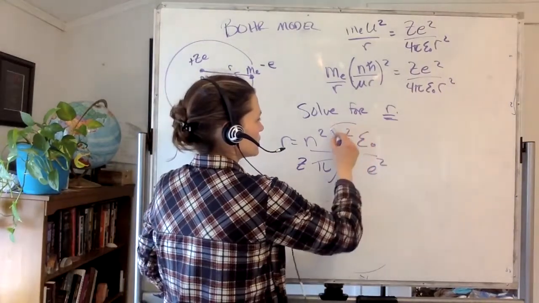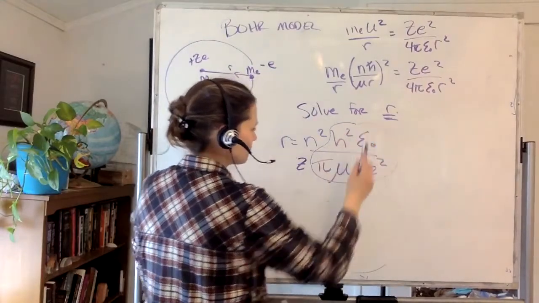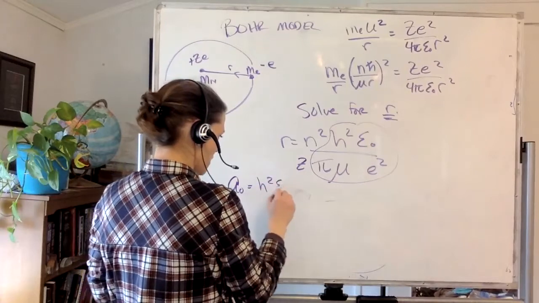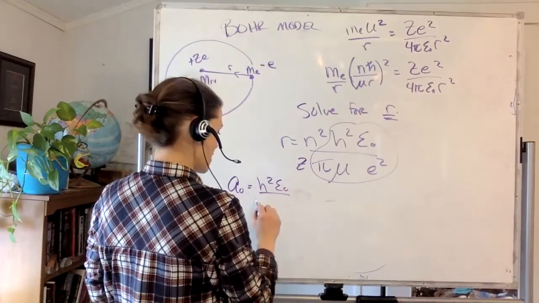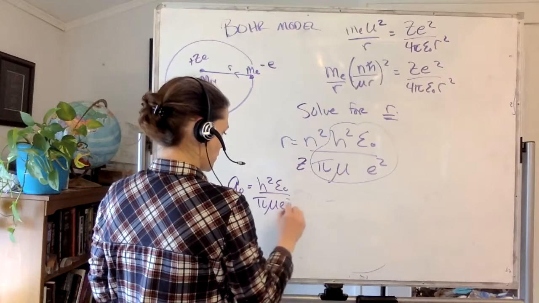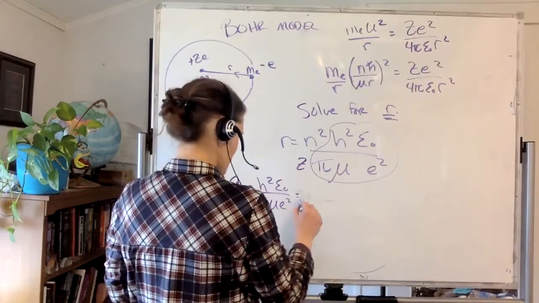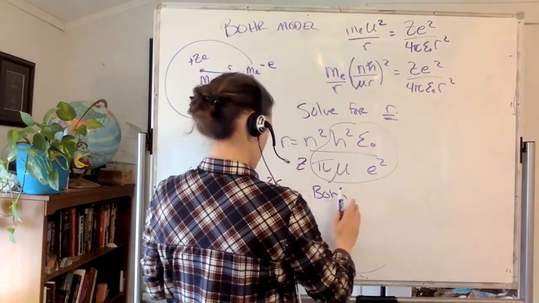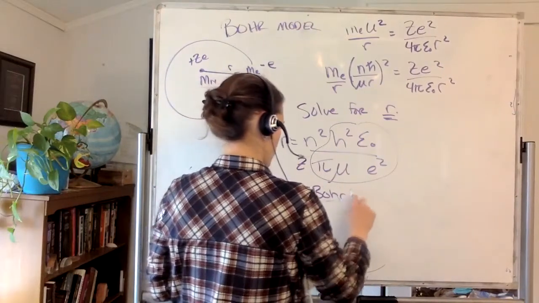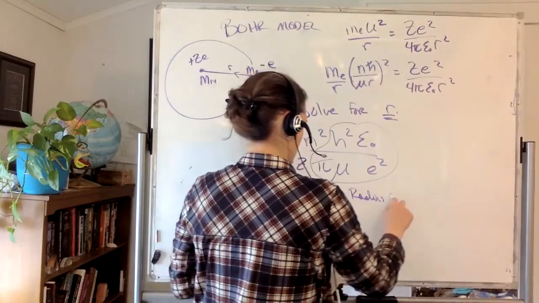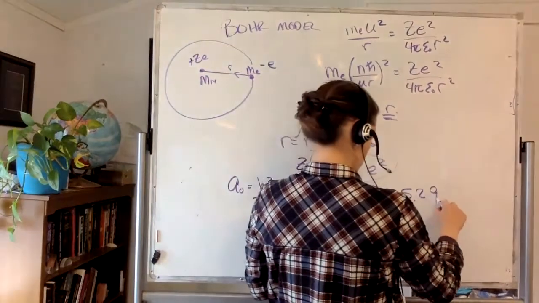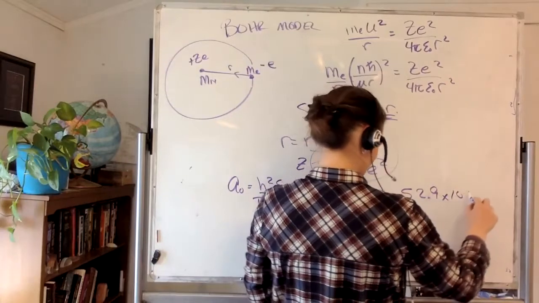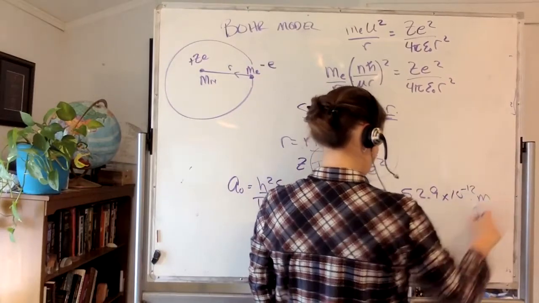I'm going to say that all of this stuff, I'm going to define a0 equals h squared epsilon naught over pi mu e squared. This is equal to what's called the Bohr radius, which is equal to 52.9 times 10 to the minus 12 meters.